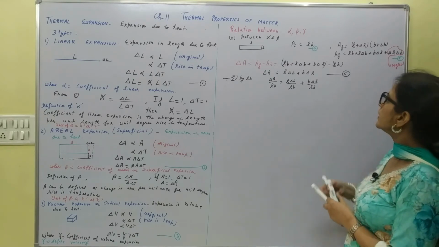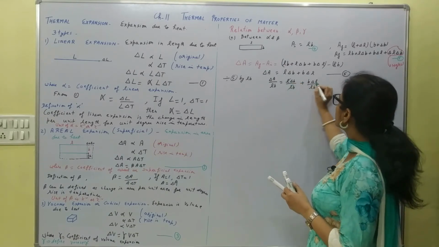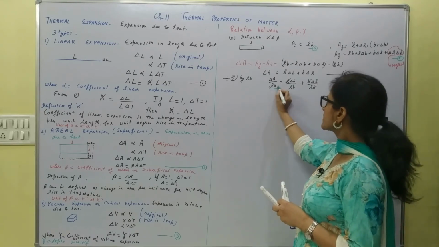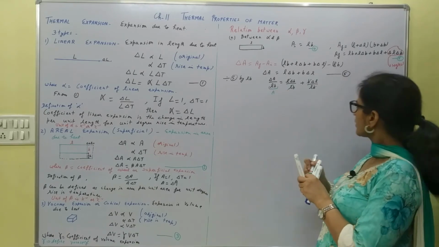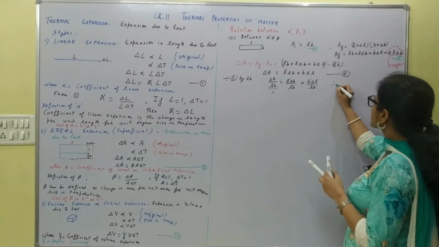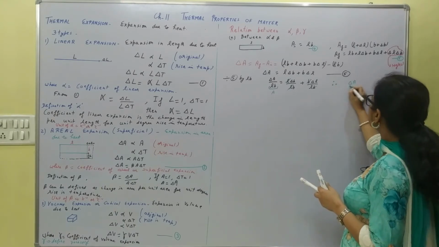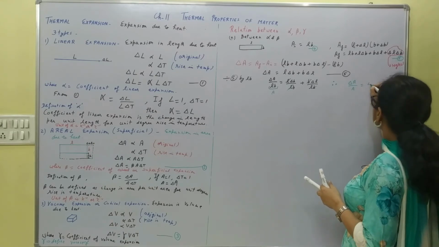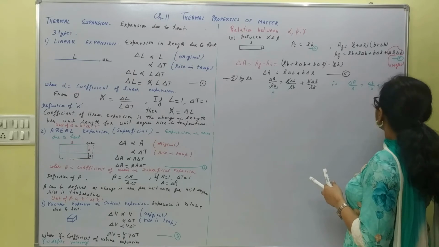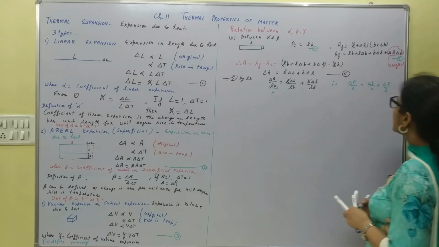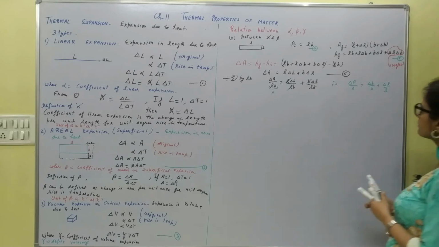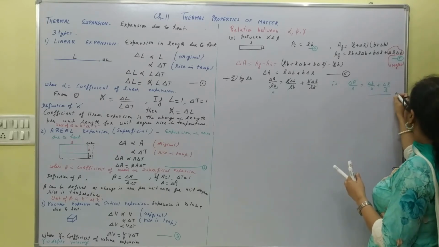This L will be cancelled from here, this B will be cancelled from here, and this can be written as A. Therefore, next step will be delta A upon A is equal to delta B upon B plus delta L upon L.